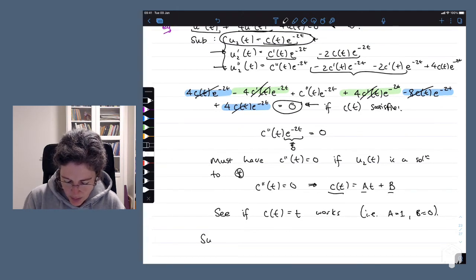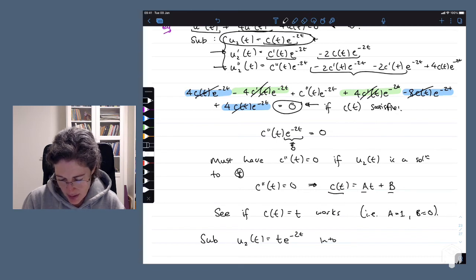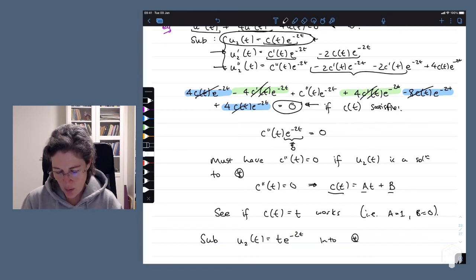So you want to substitute u2 of t equal to t e to the minus 2t into our equation. And if you go ahead and do that, I'm not doing all the derivatives again, you'll see that it does actually work.